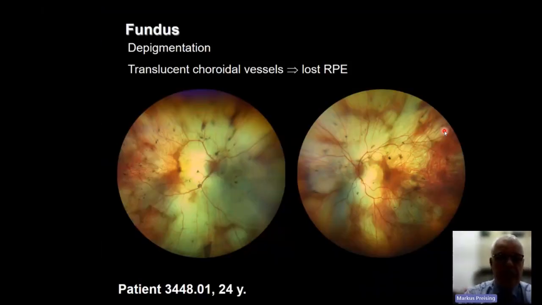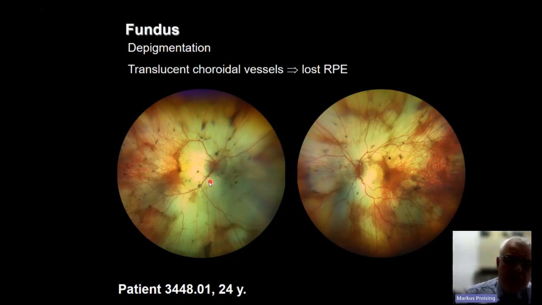A patient that is referred to you will present with large areas of depigmented fundus, which is due to the loss of the retinal pigment epithelium. Wherever this depigmentation occurs, you can look directly through to the choroidea and see the translucent choroidal vessels in the fundus.